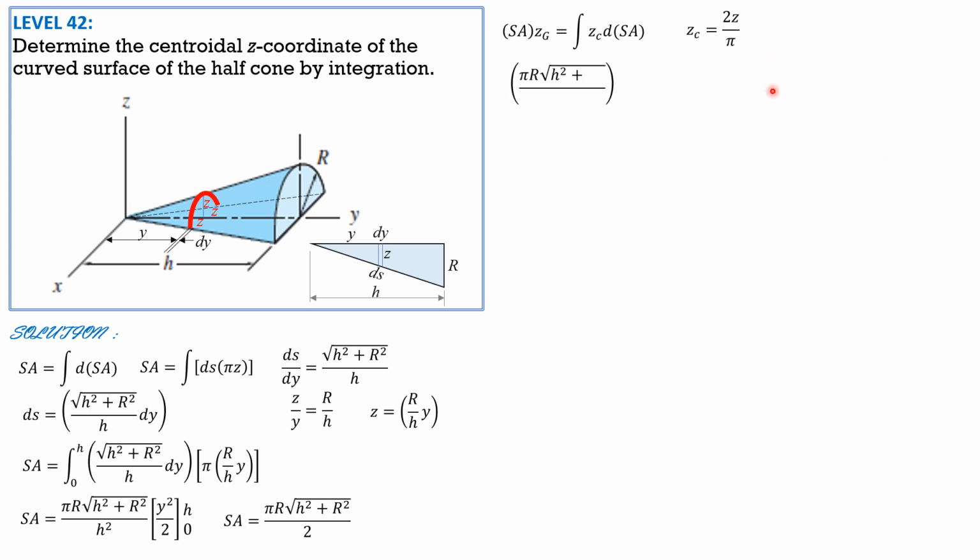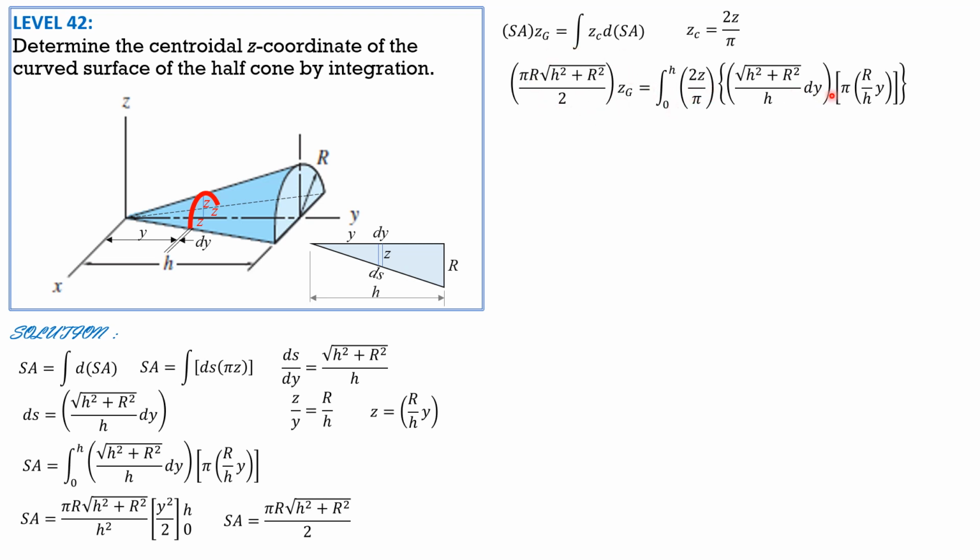So pi r times the square root of h squared plus r squared over 2, times z sub g, is the integral of the quantity 2z over pi. Then the differential surface area is this one, the square root of h squared plus r squared over h dy, then pi r over h y. So simplifying, cancel pi, and on the right side the square root of h squared plus r squared cancels too.